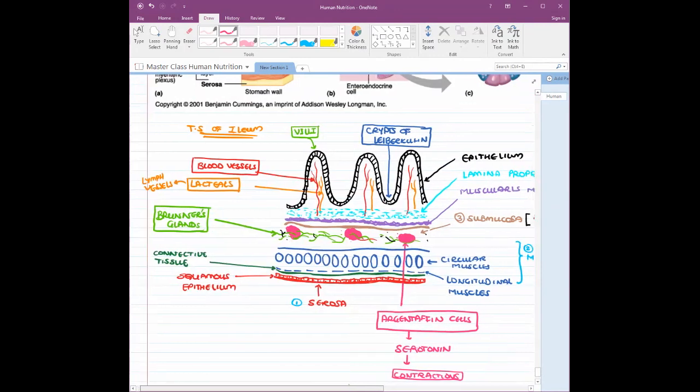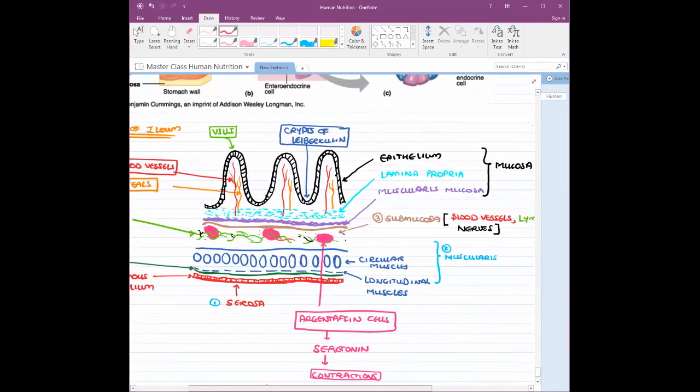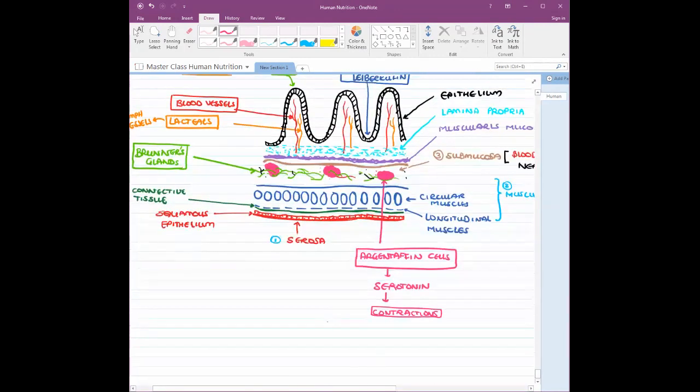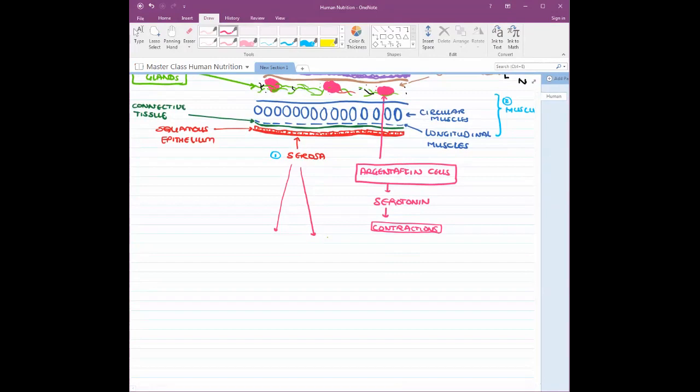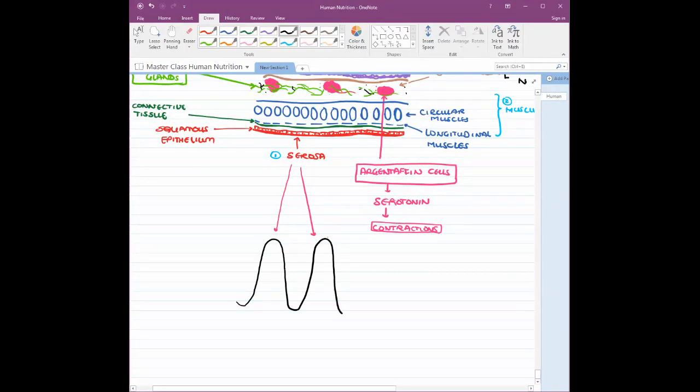Okay, so let me just take it. I'll just draw this part down over here. I'll just zoom into this, and then we'll see only the upper thing, the crypts of Lieberkuhn. So now, guys, let's see what is going to happen. So let's say we are going to have cells like this.